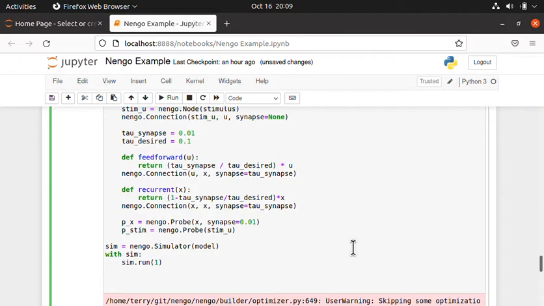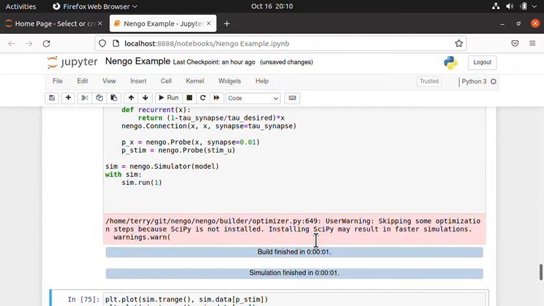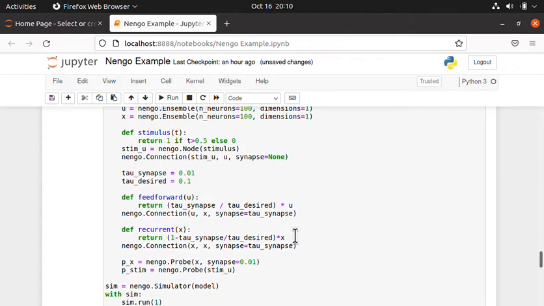X to X. Oh, this is embarrassing. What am I doing badly?